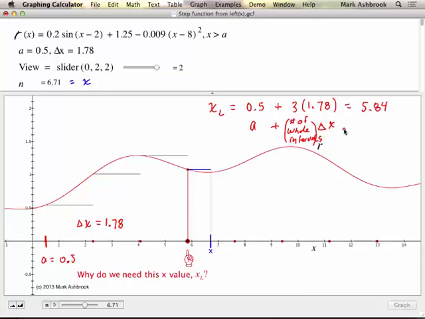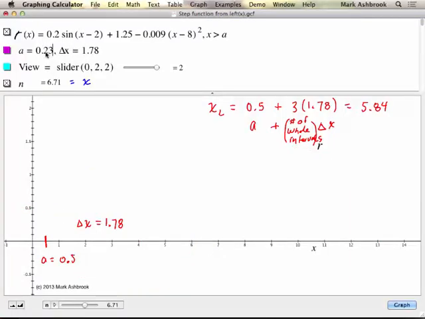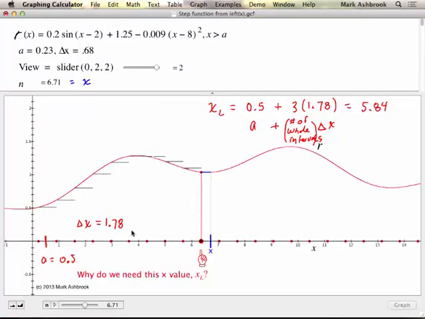Okay, so let's try another example. I'm going to change things up here. We'll make A, say, 0.23, and delta x of 0.68. And A, now A is what? What did I say? 0.23.